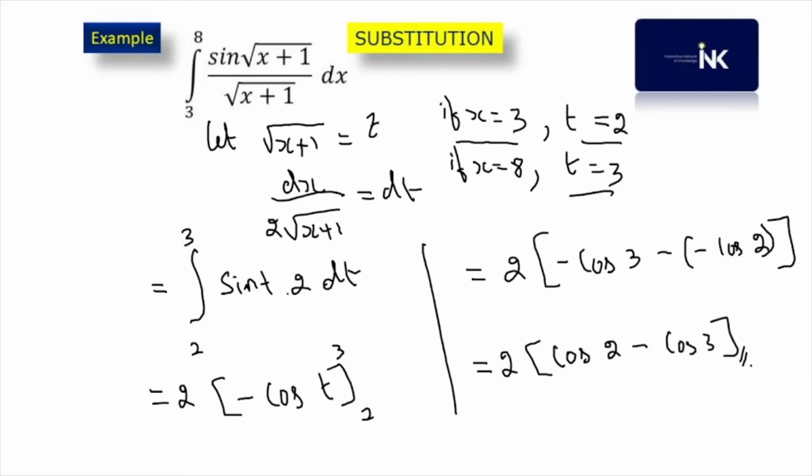So this is another method of finding definite integrals when we use substitution. When we use substitution, we change the limits of the function. If the limits are given in terms of x, then we change the limits to terms of t. This is how we use the substitution method.